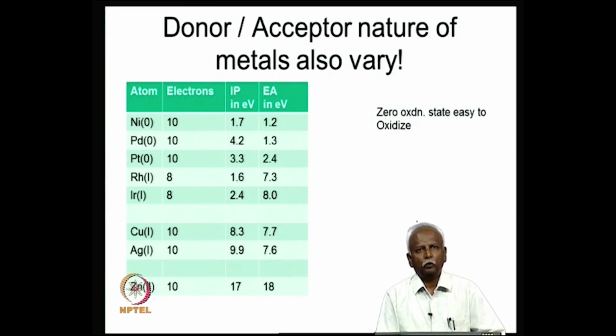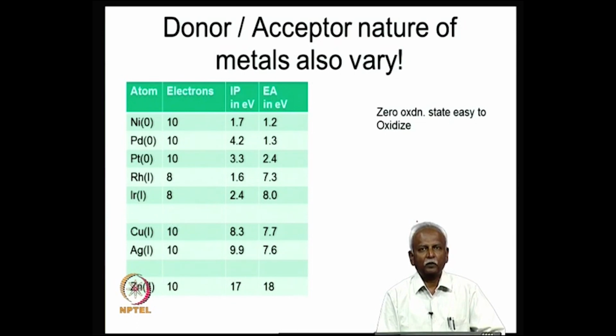So, how do we know how much the metal is interested in pumping electron density back into the olefin? One way to measure this is to look at the ionization potential for the metals, and here I have listed a few of the ionization potentials, and you will notice that as you go down the group, you have a remarkable change in the ionization potentials. Nickel is easiest to ionize, it is easy to remove the electrons from nickel 0, that is also a d10 system.